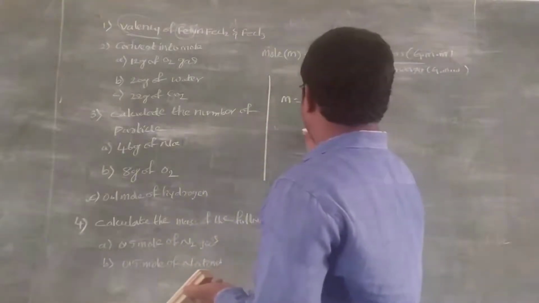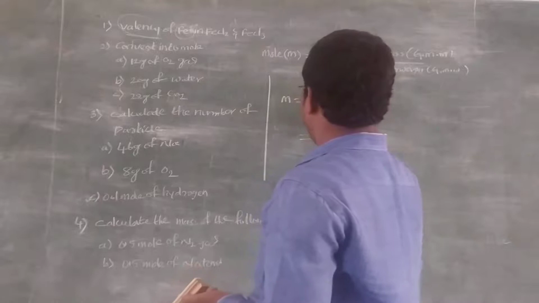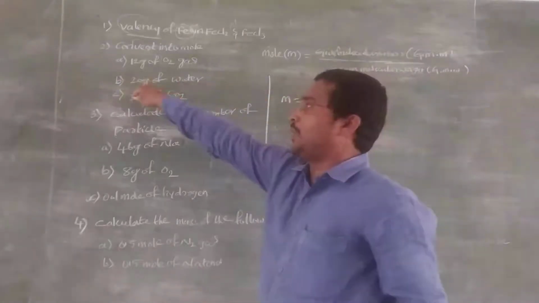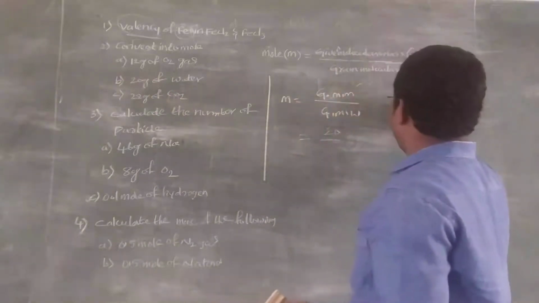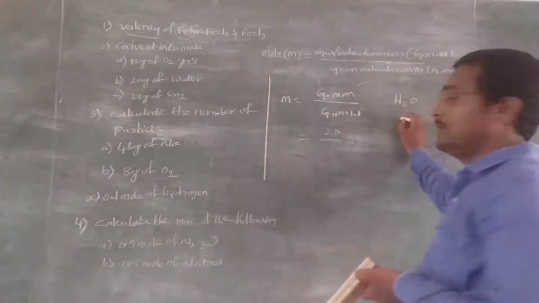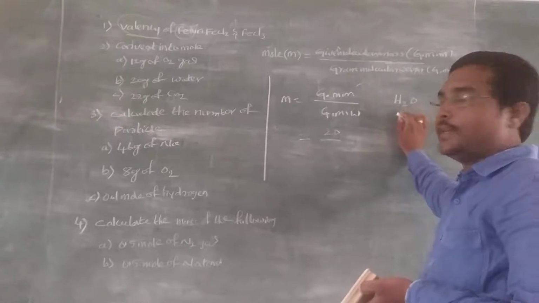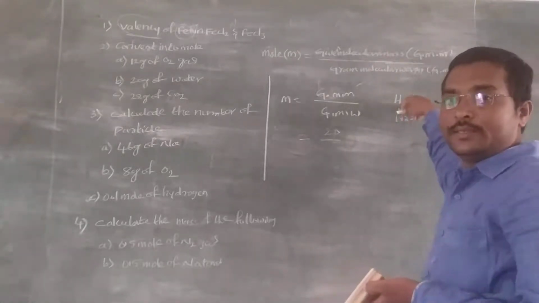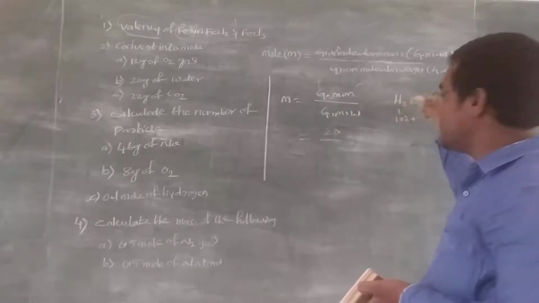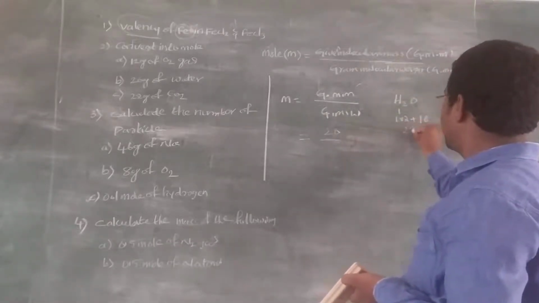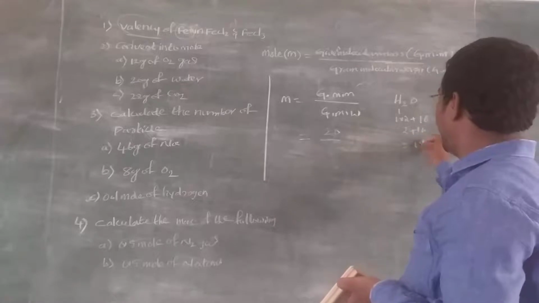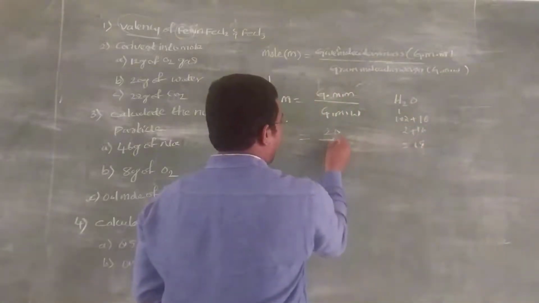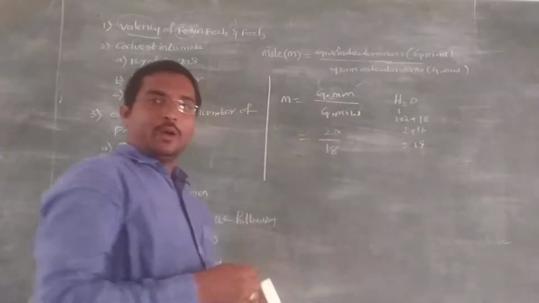So 20 by the molecular mass of water, H2O. Find the molecular mass of H2O: hydrogen 1 into 2 plus oxygen 16, 2 plus 16 is equal to 18. Now 20 by 18.